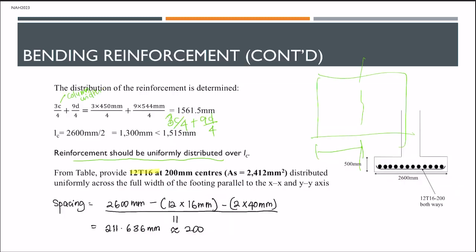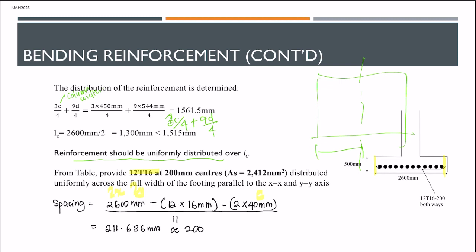So for the spacing, 2600 is the LX and LY. Okay, it's the same because this is a square footing, so you have to minus the number of bars, which is 12 that we selected earlier, multiplied by 16 mm, minus 2 times C, which is the concrete cover, on both the right and left sides, divided by the number of bars minus 1, so 11.